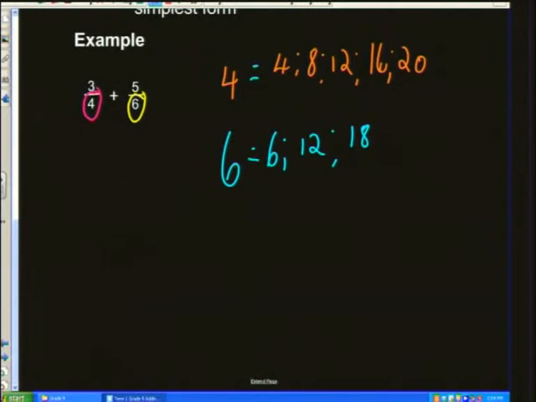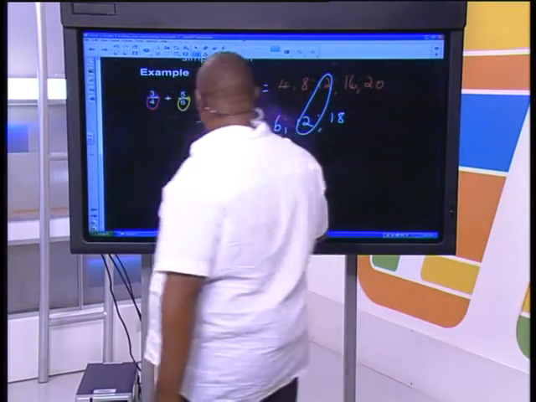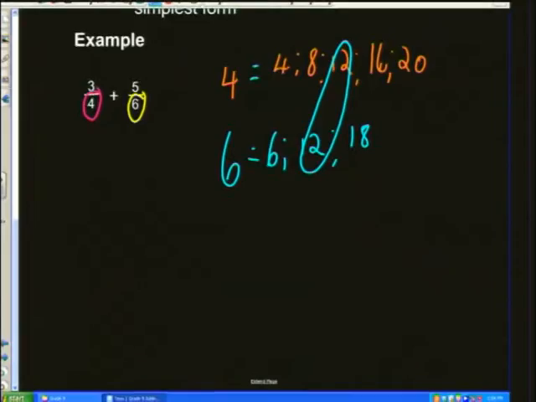Now, 12 is a common multiple, and it is the lowest common multiple because besides 12, there's no other lowest common multiple between these two numbers. So I'm going to write my 12, so it's going to be 3 over 12 plus 5 over 12.